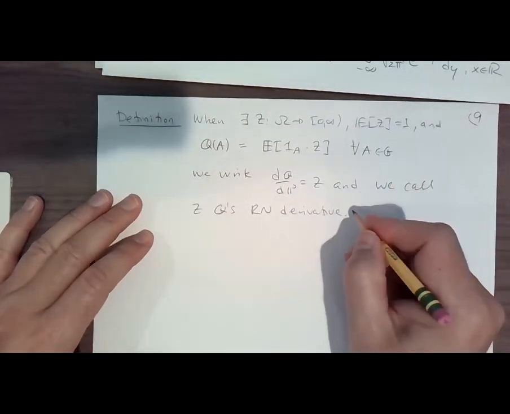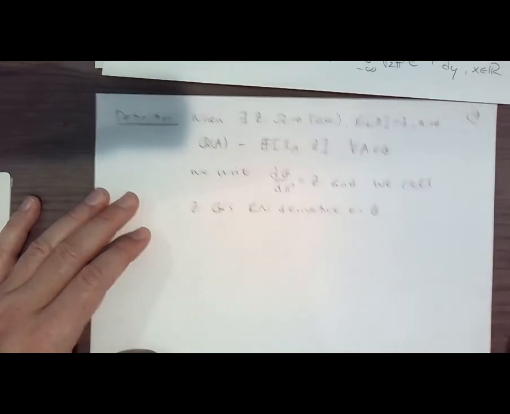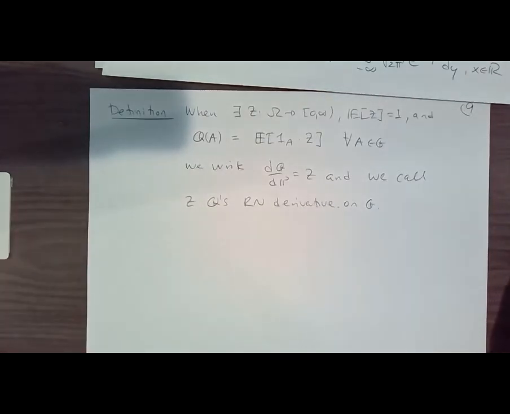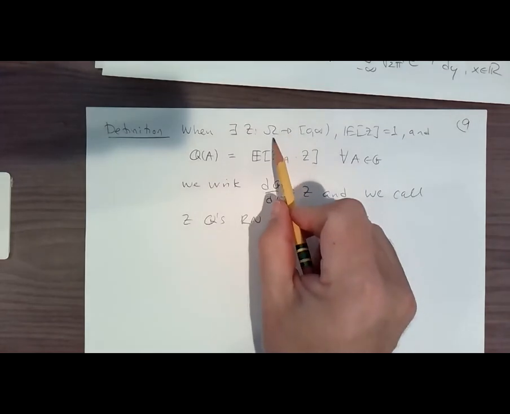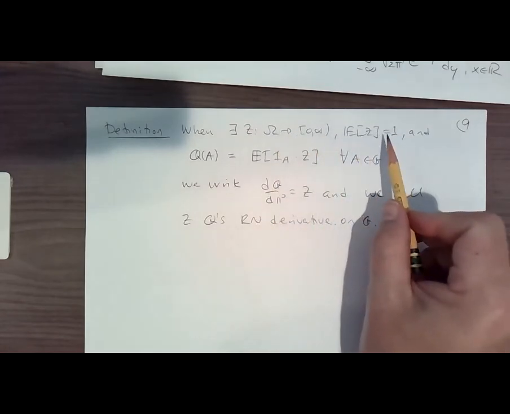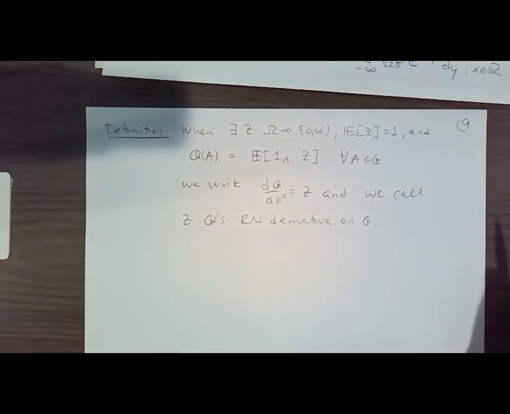This is on G. So that's what it means to be a Radon-Nikodym derivative. It's something that is non-negative, it has expectation 1, and this formula holds.